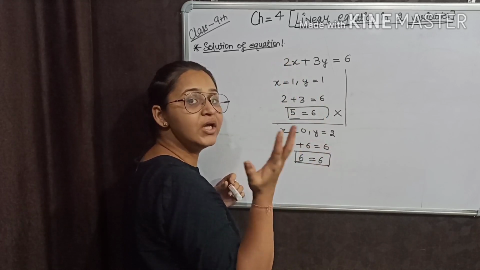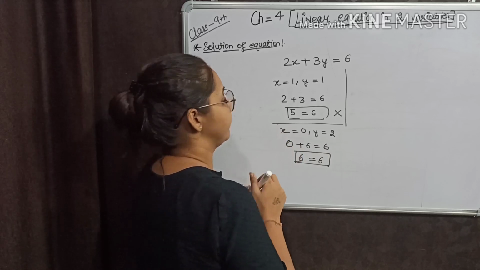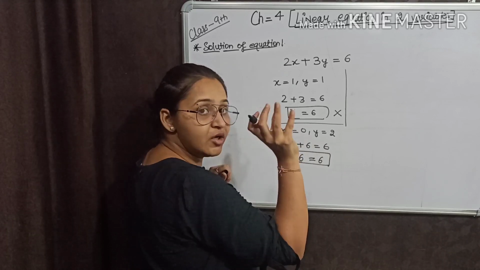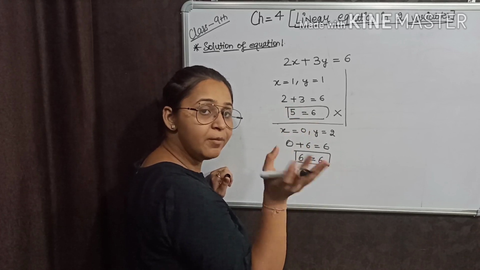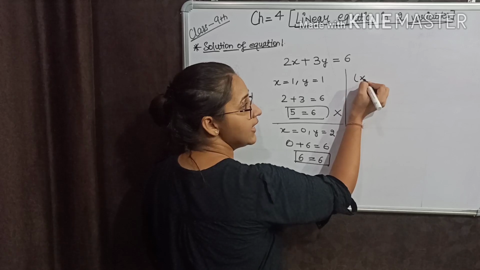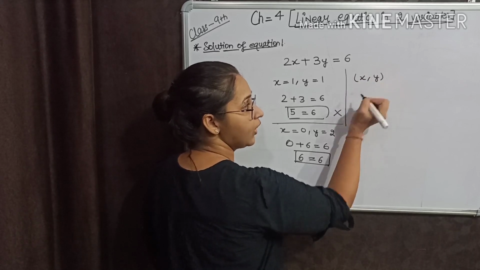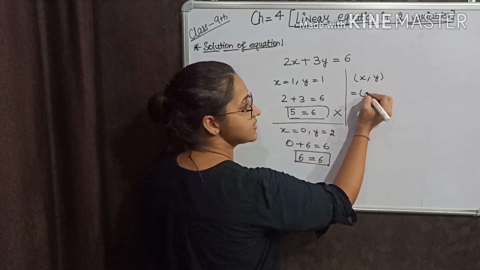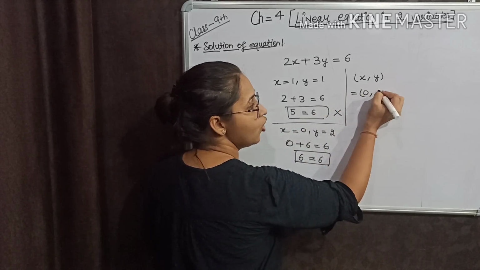Now, how will we write the solution? We will write the solution as an ordered pair. Why an ordered pair? Because there are two variables now. First is x and second is y. So first write the value of x. x is 0 and y is 2.